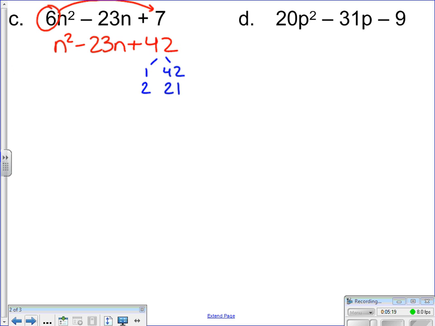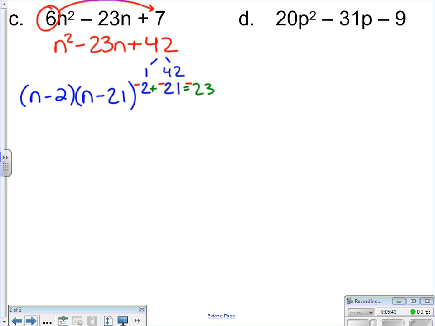But once again, 2 plus 21 may be 23, but I need a negative 23, so I'm going to make both the 2 and the 21 negative. So I'm going to have n minus 2, n minus 21.